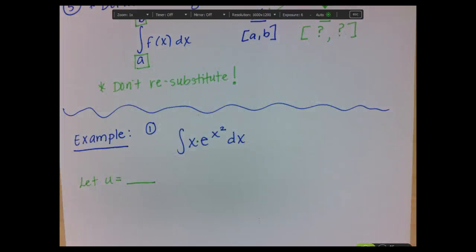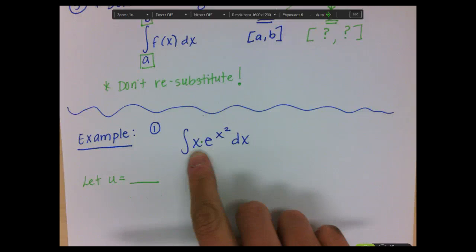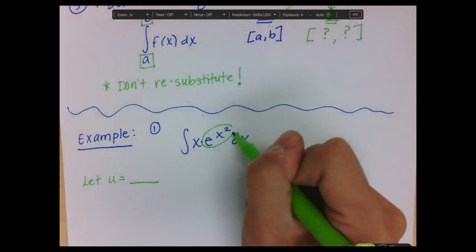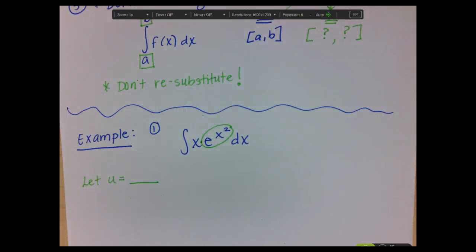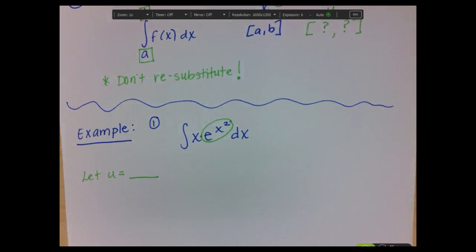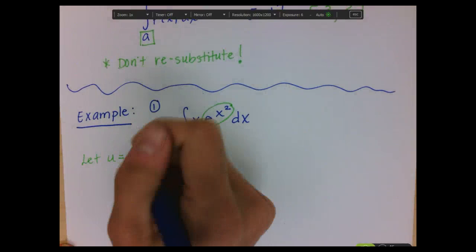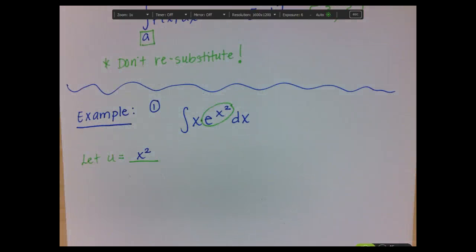Here, this is actually an even more complex integral because we have a product of two functions as well as a composition of one function plugged inside of another. So it is always best to try the innermost function of the composition first. So in that case, x squared would be the g of x, the innermost function in my composition.